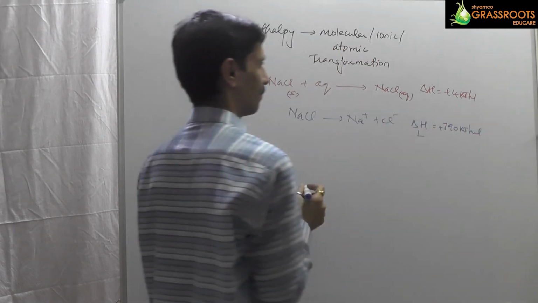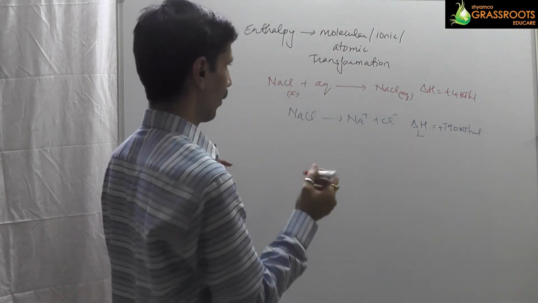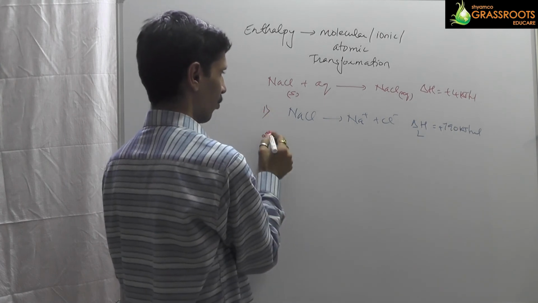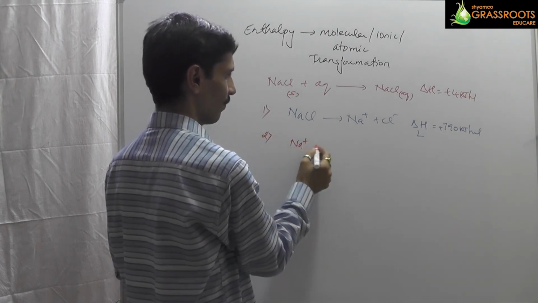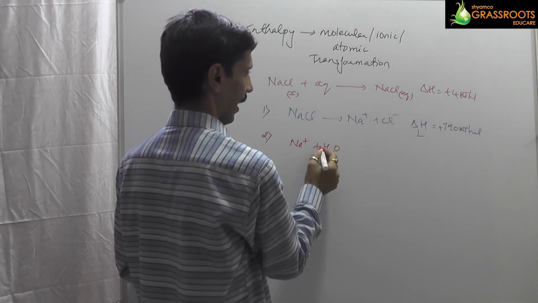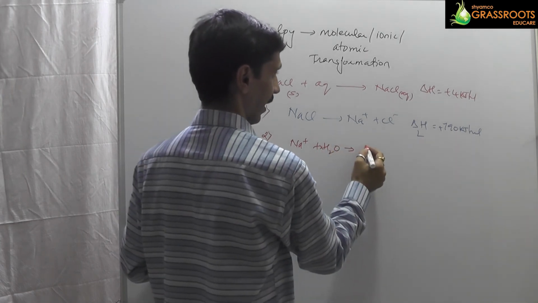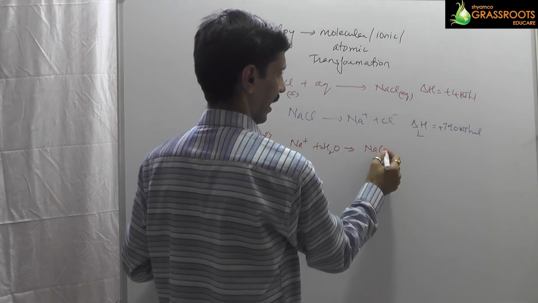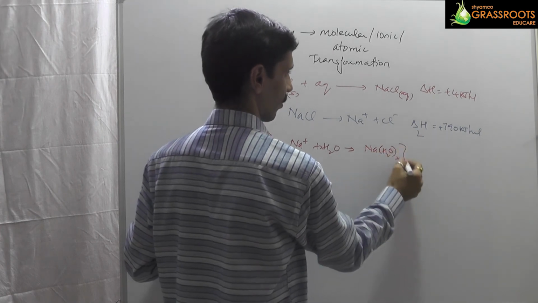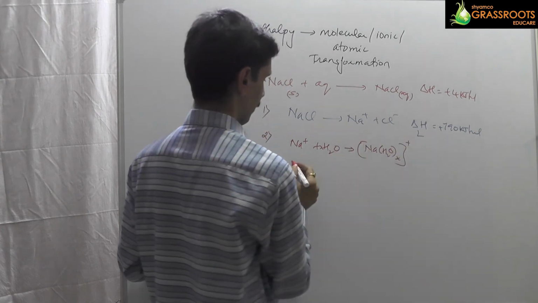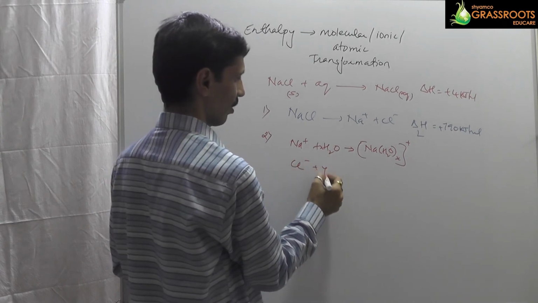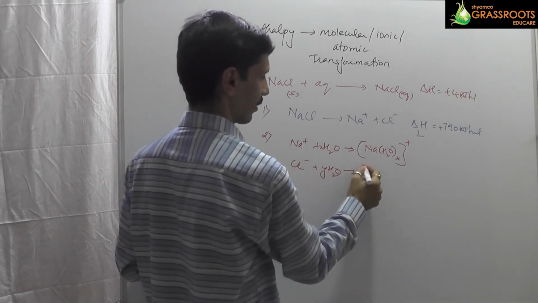Plus. Okay? अब क्या होगा? Next point is, ये हो गया step number 1. Step number 2, the sodium ions get surrounded by X number of water molecules. So I get Na(H2O)x plus. Cl minus gets surrounded by Y water molecules.